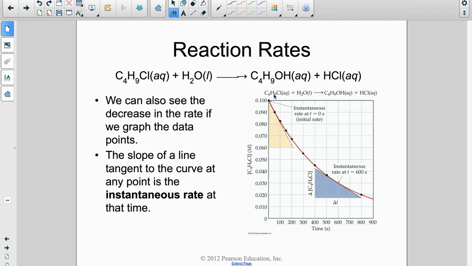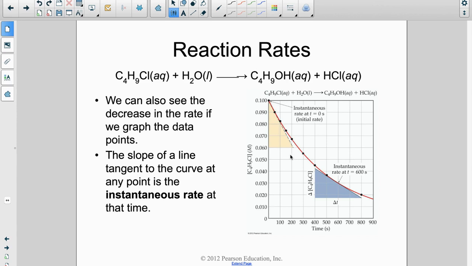If we want to find the rate at any moment in time, we can make a tangent line to that particular point and then find the slope of the tangent line. That gives the instantaneous rate at that particular point in time.